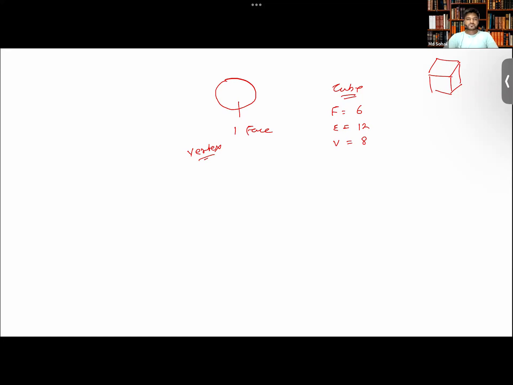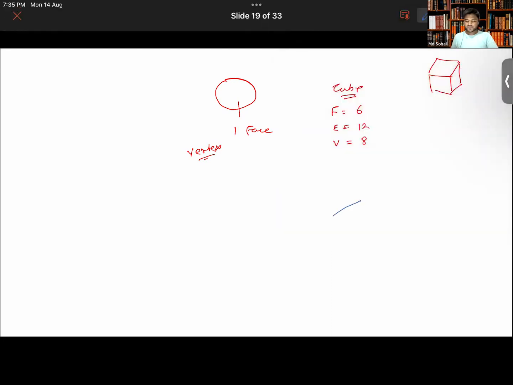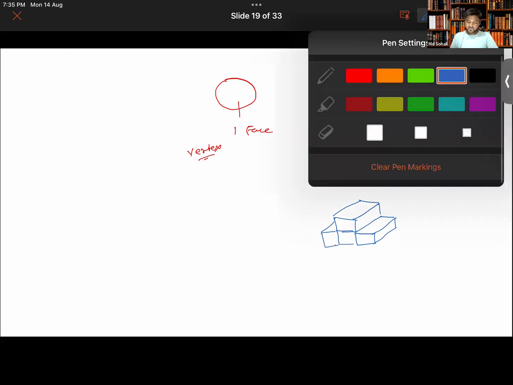Now, if I were to make a figure here, Arham and Arhan, let's see, this is a figure over here, and you guys are required to tell me how the top of this figure will look like. Let me complete the figure over here. Okay, so that is the given figure here.